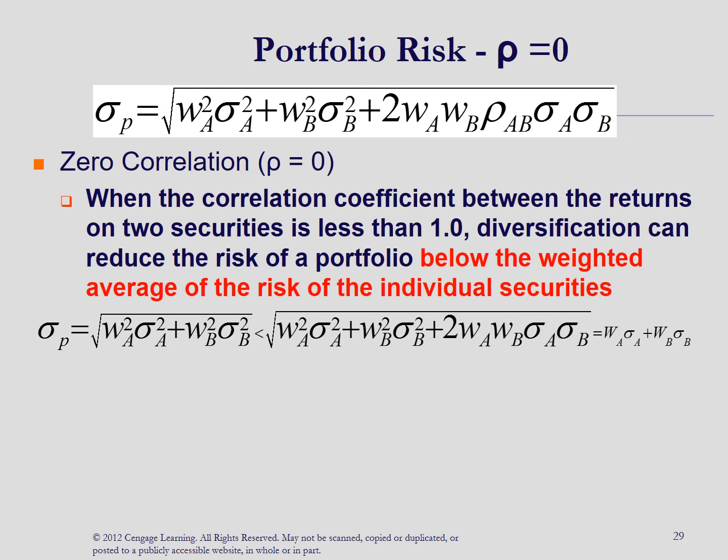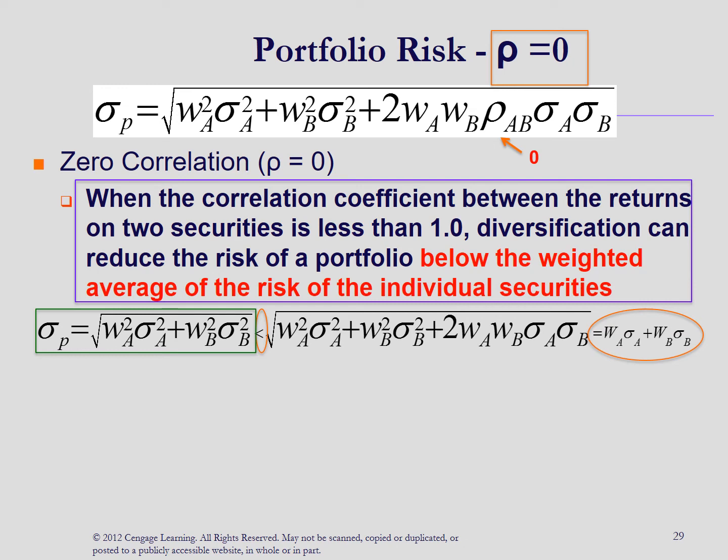Suppose the returns from two securities are zero correlated. That is, the correlation coefficient is equal to 0. Plug 0 into this formula. We arrive at this formula. We observe that the portfolio risk is less than the weighted average of the risk of the individual securities. In fact, as long as the correlation coefficient between the returns on two securities is less than 1, the portfolio risk is always less than the weighted average of the risk of the individual securities.